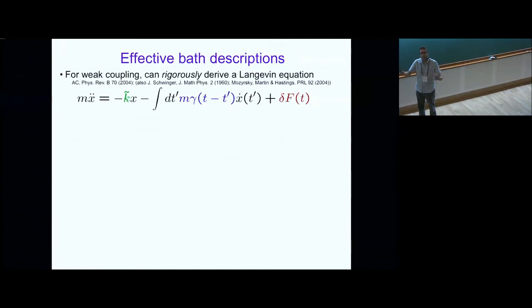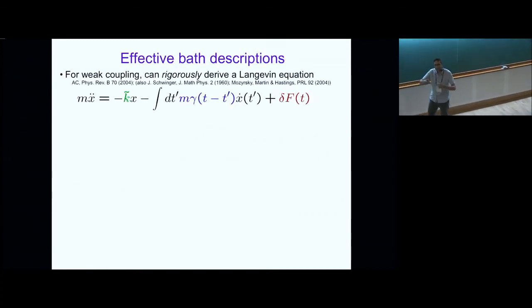The only things about my bath that are going to matter are its Gaussian noise properties. I'm not going to need to worry about the fact that maybe I need to look at a correlation function of 4 F operators, and maybe that doesn't factor the way I would get from Wick's theorem. For weak coupling, that kind of stuff doesn't matter. So for weak coupling, any bath looks like a Gaussian bath. Any bath looks like a bath of harmonic oscillators.